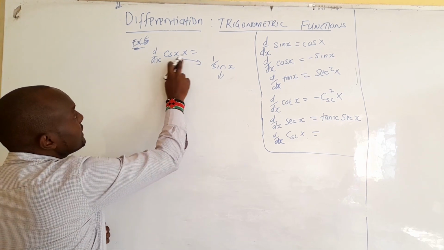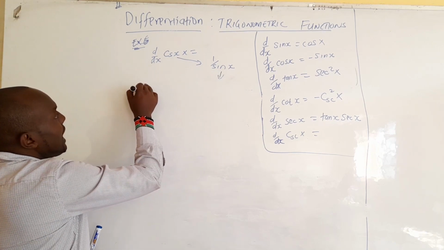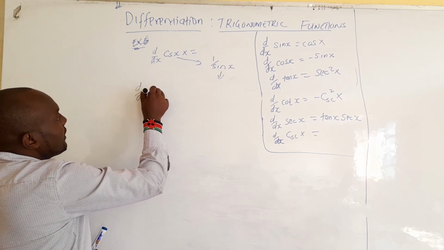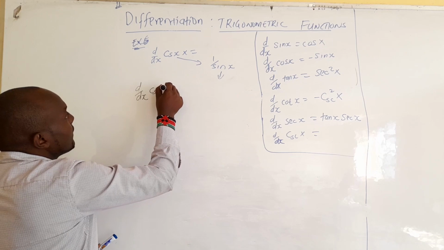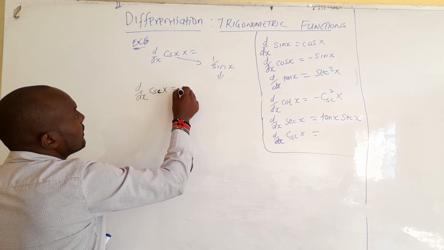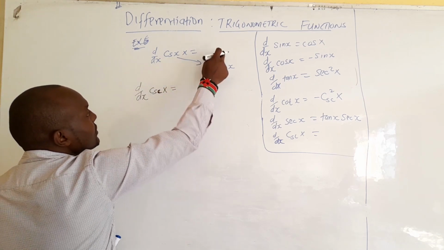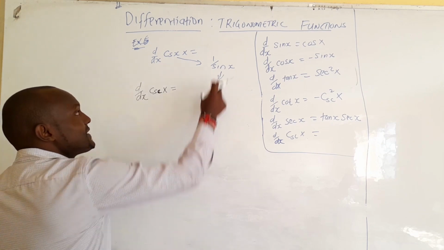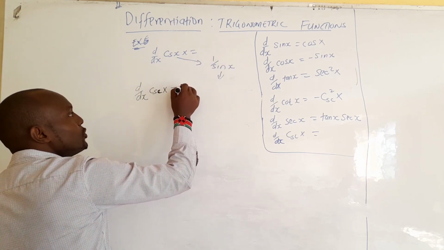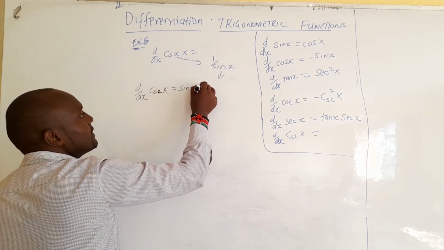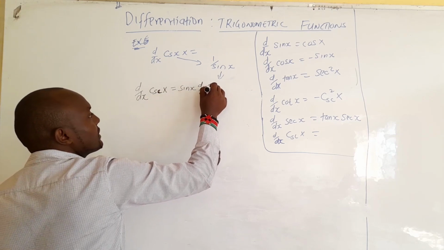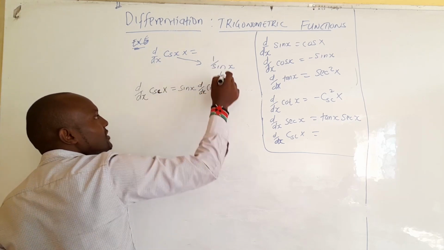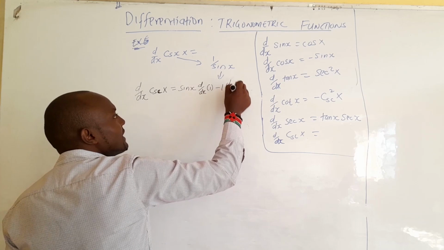So we said cosec x is the same as 1 over sine x. So how do we differentiate now? It is equal to, now we use the quotient rule. First of all, you differentiate the numerator, so you hold the denominator constant. You differentiate 1, then minus, you hold 1 constant, then differentiate the denominator.